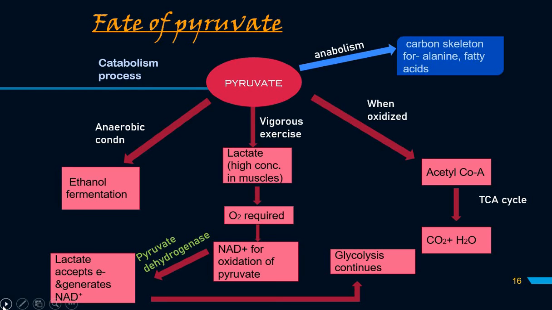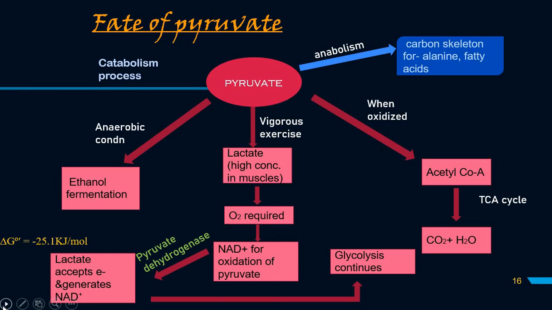When pyruvate gets oxidized, it enters the TCA cycle as I have mentioned earlier. What if it is in an anabolism process, that is it should act as a building molecule. So this pyruvate helps in building carbon skeleton for alanine and fatty acids.